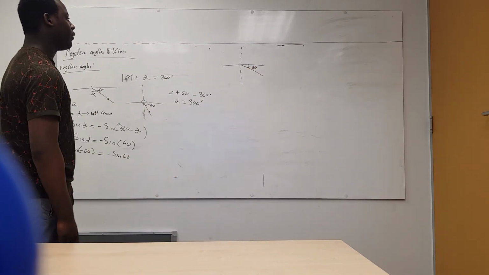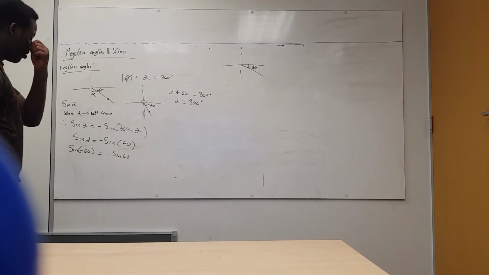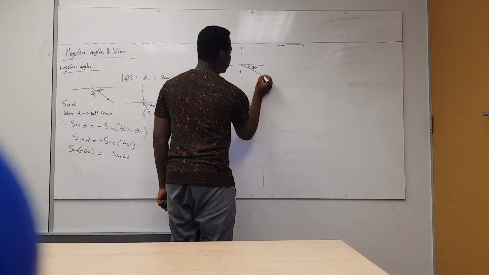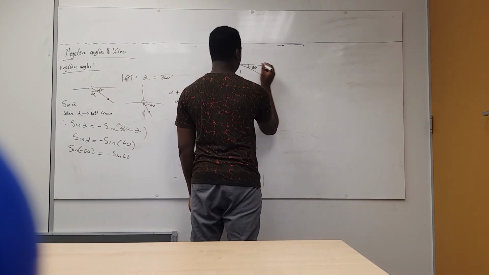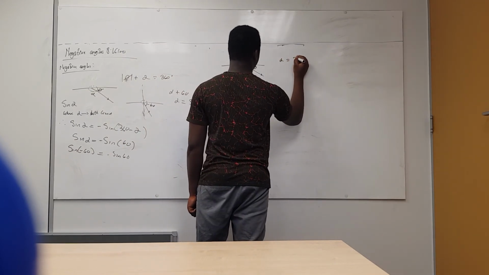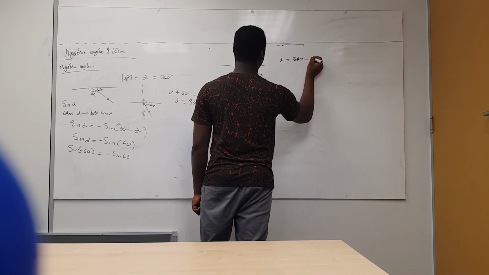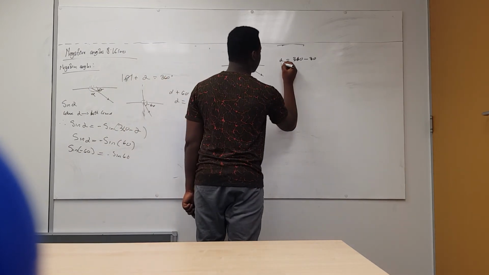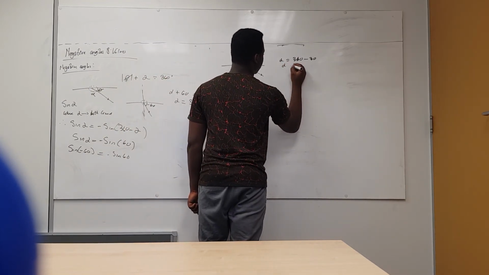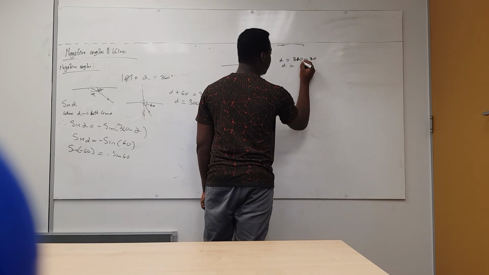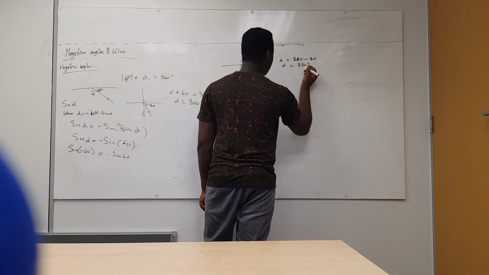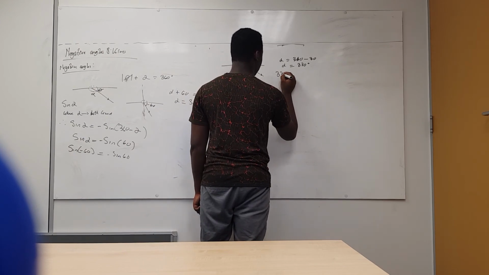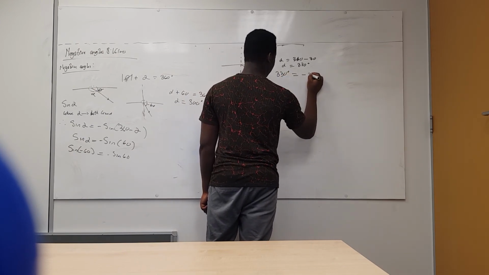If I told you, find the positive angle of this angle, which is said to be negative, we say that the positive angle is given by alpha, which is 360 minus 30. Therefore, alpha is equal to 330 degrees. Therefore, we know that 330 degrees is equal to negative 30 degrees.